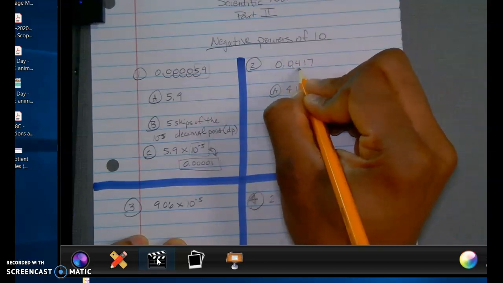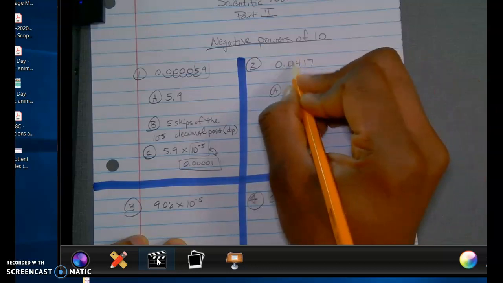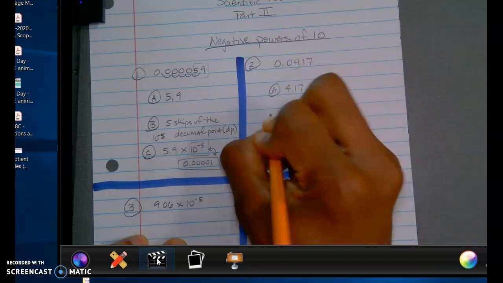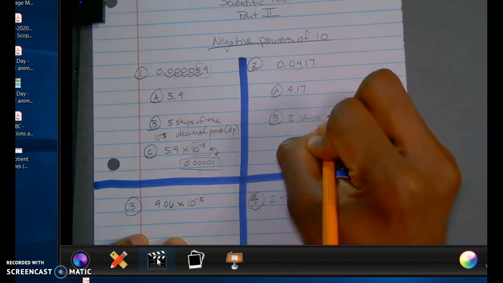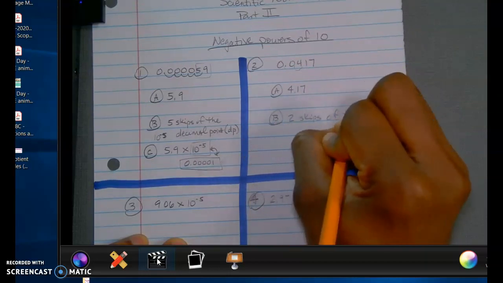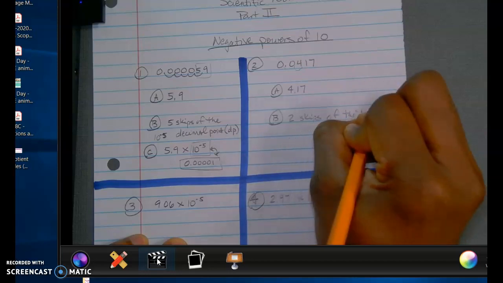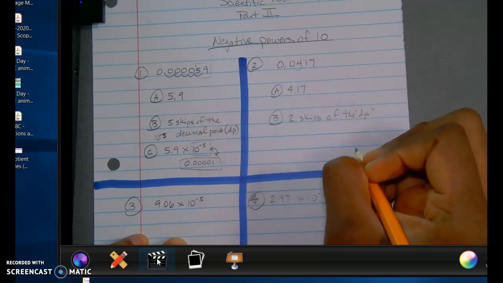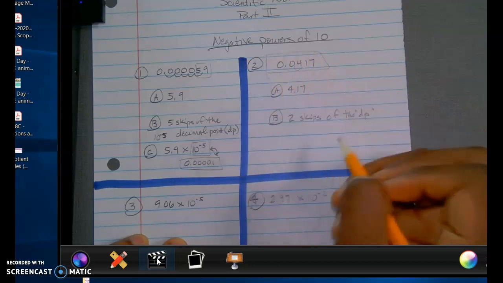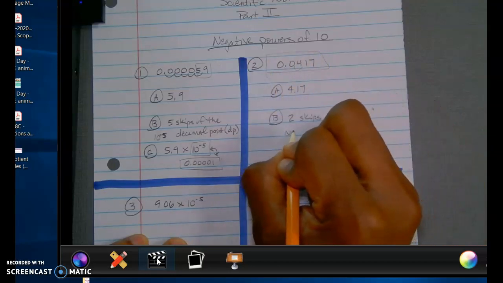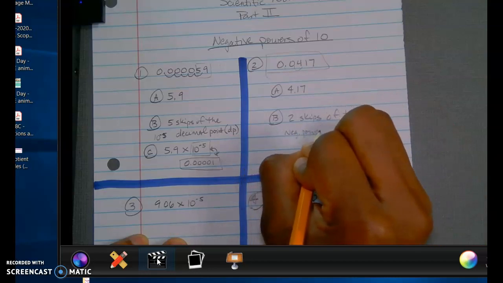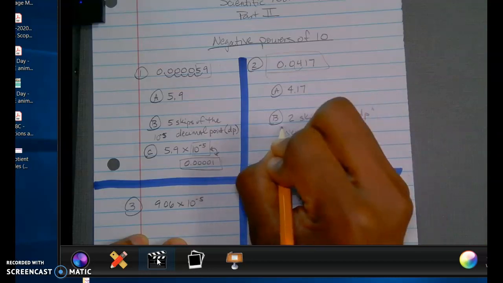Again, 1, 2. Okay, and these numbers are significant, so I need to go ahead and put these over. I had 2 skips of the decimal point, as I said earlier, that I'm going to be using. Remember, my original number is between 0 and 1, so I know I have a negative power of 10.